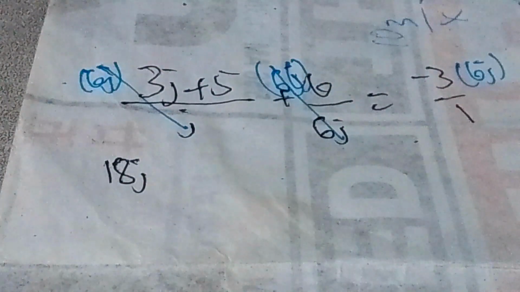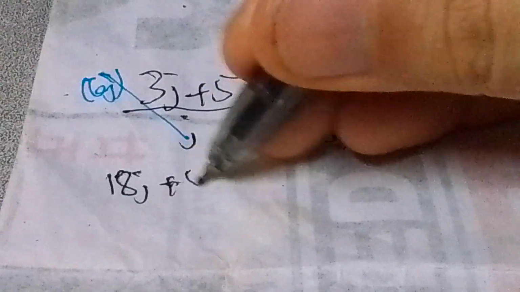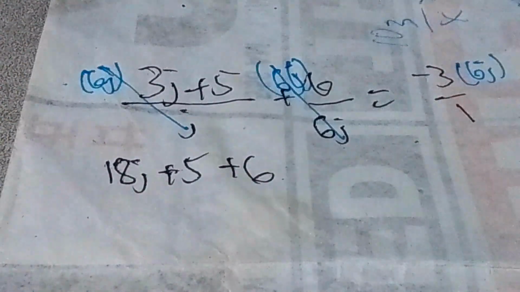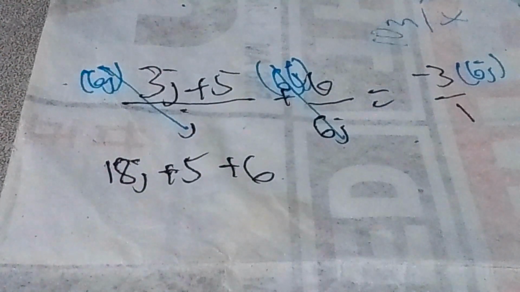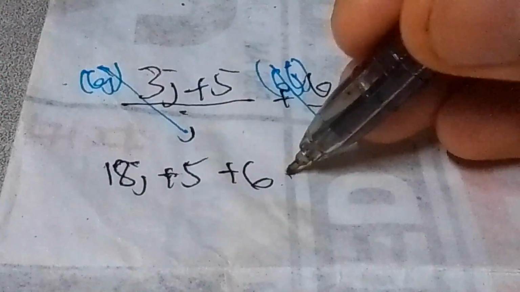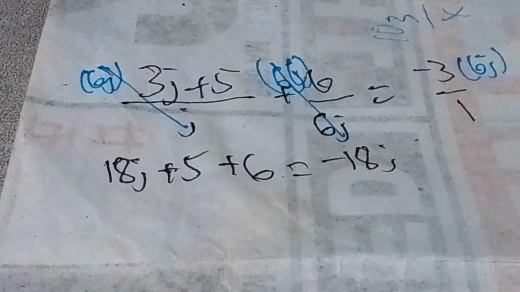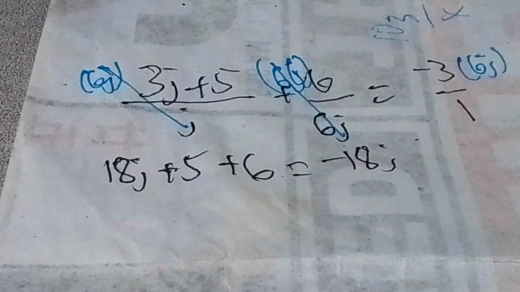So, let's work the math. 6 times 3j is 18j, plus 5. And then this one cancels out, but it's still 6 because we cross out the denominator. And then negative 3 times 6j is equivalent to negative 18j.